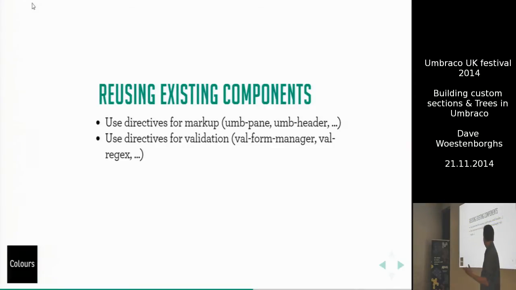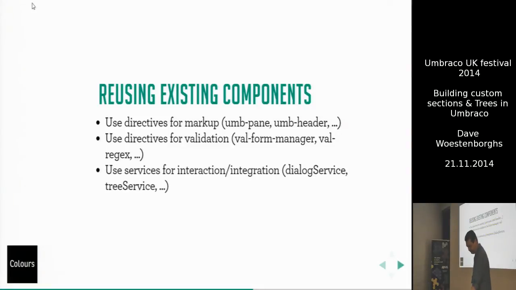You can also use directives for validation, for example for regular expression validation and other kinds of validation. And then you can also use the built-in services for interaction with the CMS: if you want to pick an image, you can use a dialog service, or if you want to do something with your tree, you can use a tree service, or if you want to display a message, you can use the notifications service.